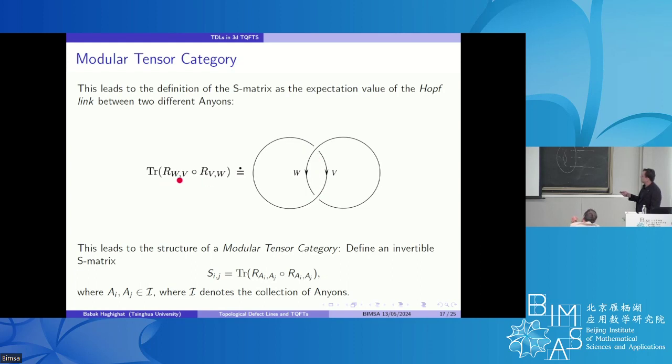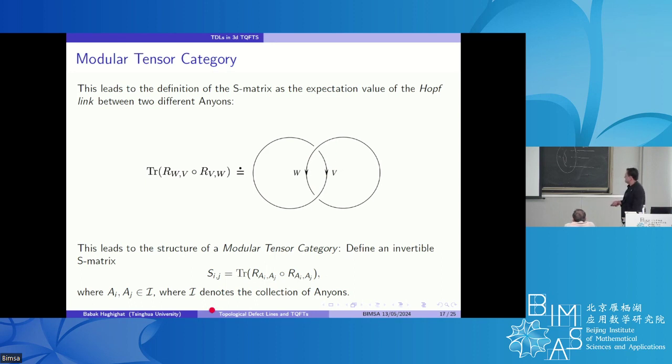This is the R matrix, right? And then you see this produces for you this Hopf link, and that's in S3, and that computes for you this type of object, which is the S matrix, which acts on these boundary wave functions when your boundary is a torus.